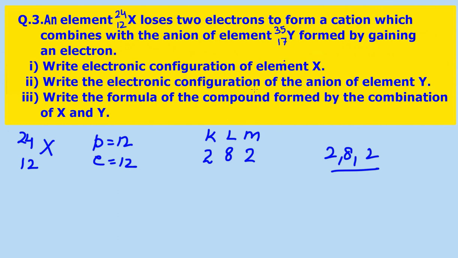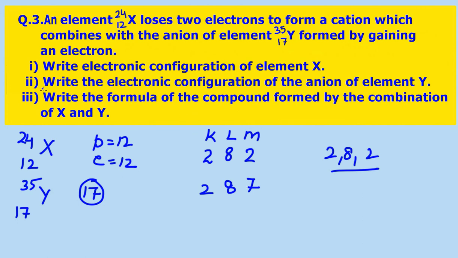So what is given here about element Y? It is given here that Y element has mass number 35 and atomic number is 17. So it has 17 electrons. So how can these 17 electrons be distributed in K, L and M shells? 2 in K, 8 in L shell and 7 in M shell can be present.